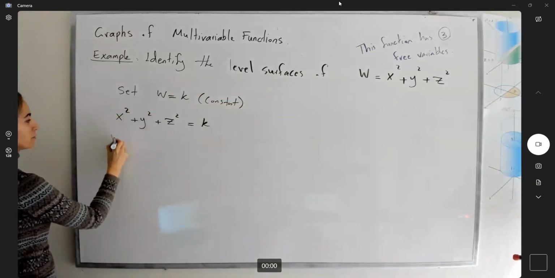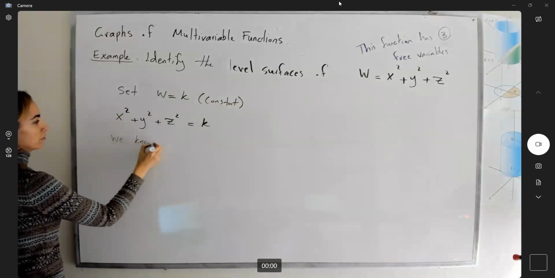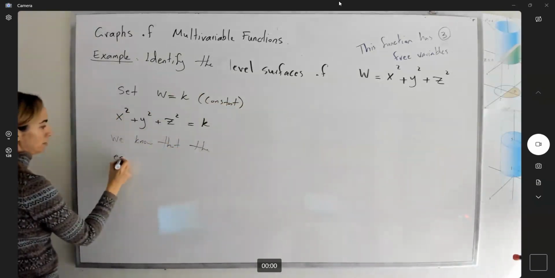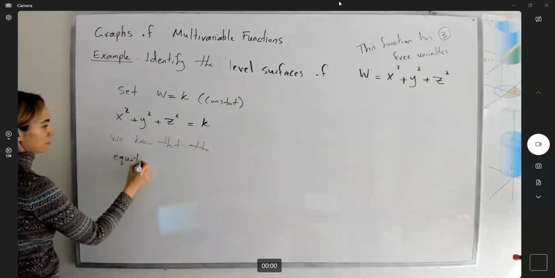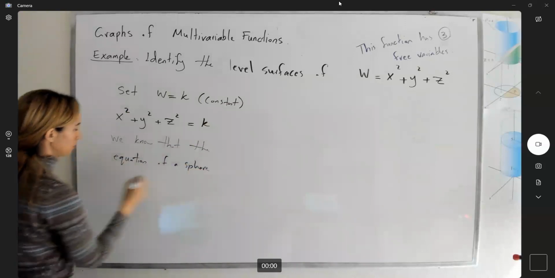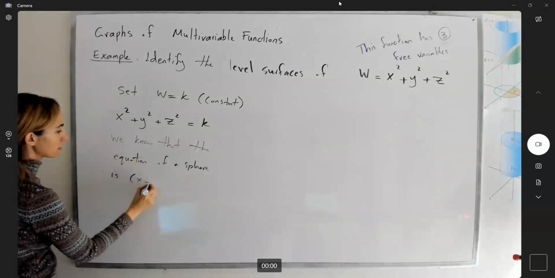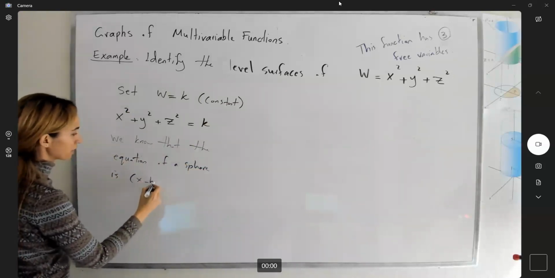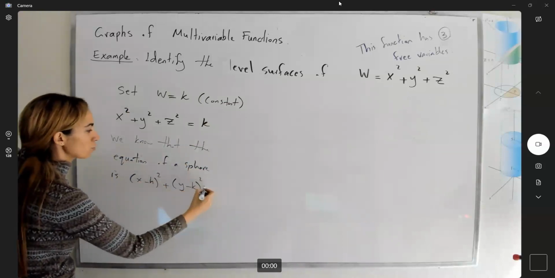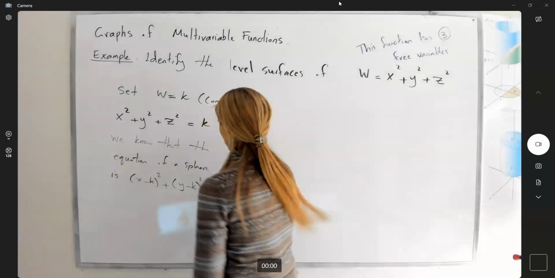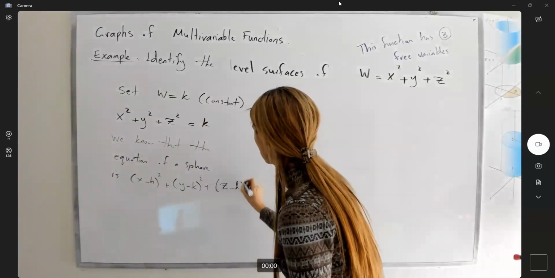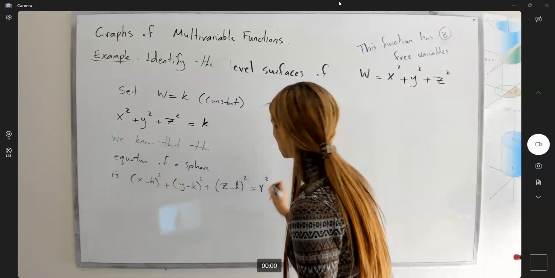We know that the equation of a sphere is (x minus h) squared plus (y minus k) squared plus (z minus l) squared equals r squared.